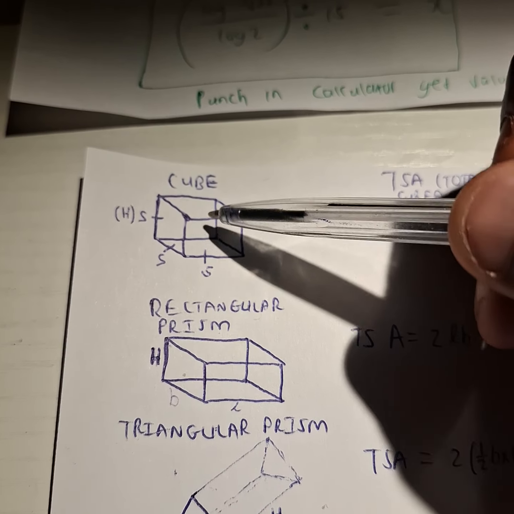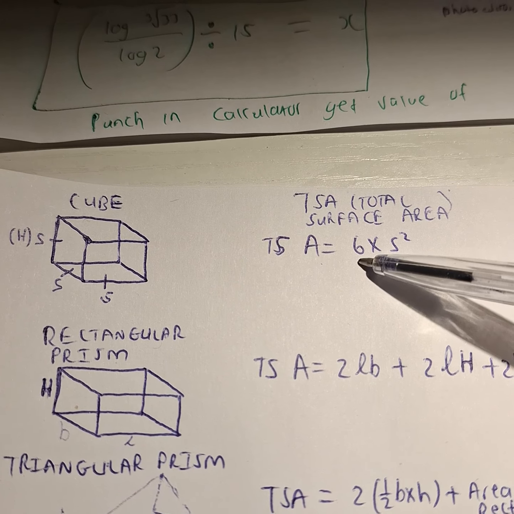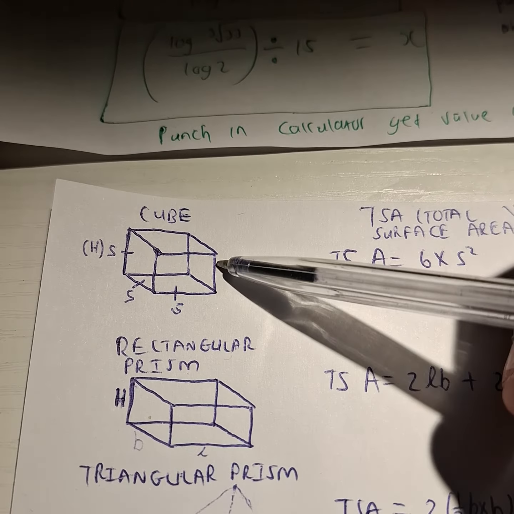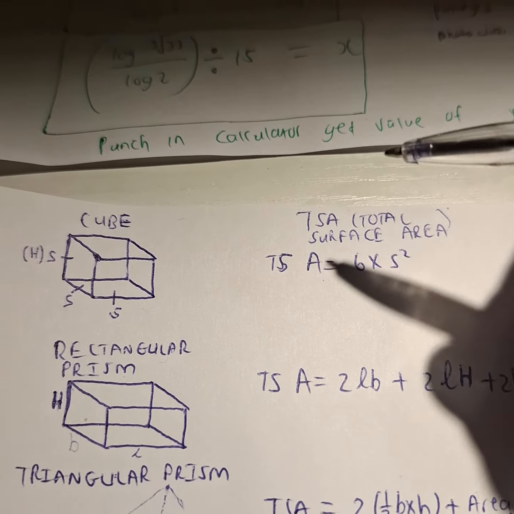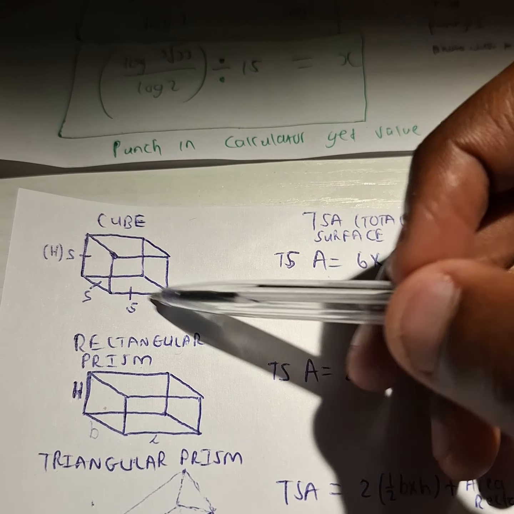In total you have 6 square faces in a cube, and the area of one square is s squared, in other words side times side.